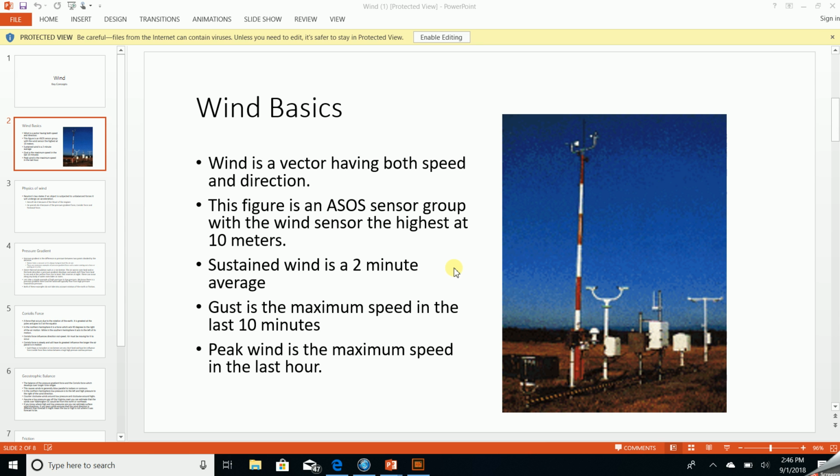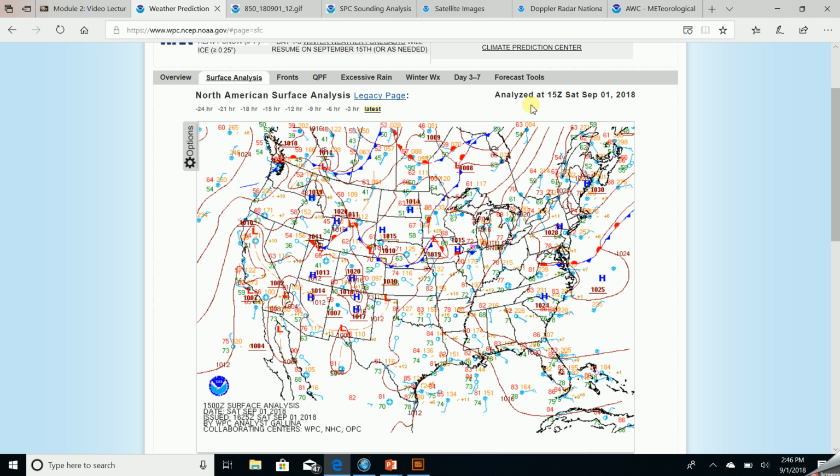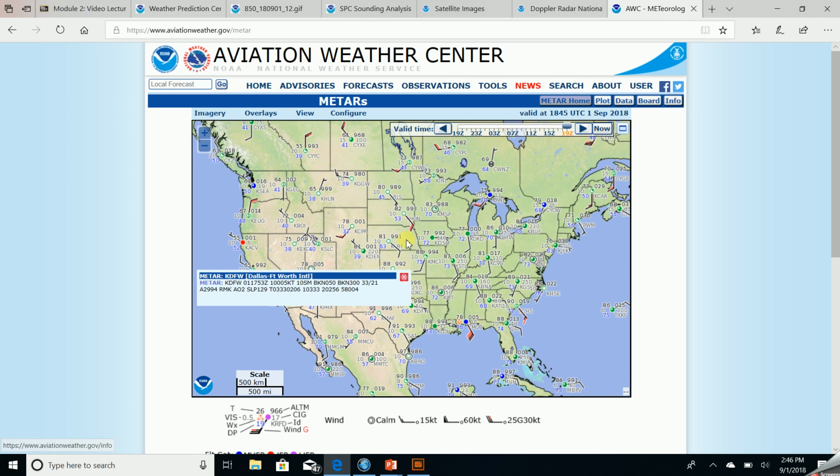If you look at a METAR, and we'll do that here in a minute, you'll see a value for wind. We bring that right back up here. The wind is the very first element right after the time group. So right here is your wind. The first three digits indicate the direction of that wind, and that is the direction the wind is coming from.